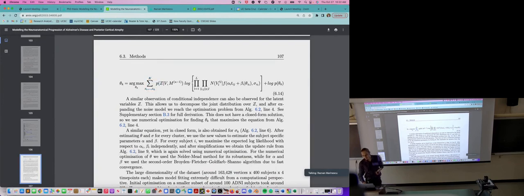So we try to find the parameters that maximize the expected value. What you have here is a sum over all the latent z of p of z, which is the expected value with respect to z of the full log likelihood of the model.